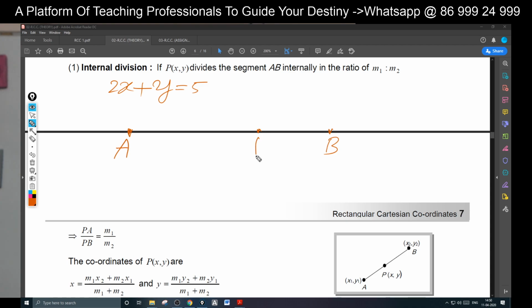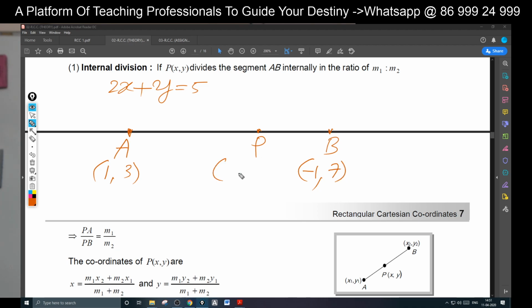Let me take P here. So how I'm doing this? I'm giving x1, substitute x1 here, y will be 3. Okay, next, I'm taking minus 1 here, x minus 1, y becomes 7.